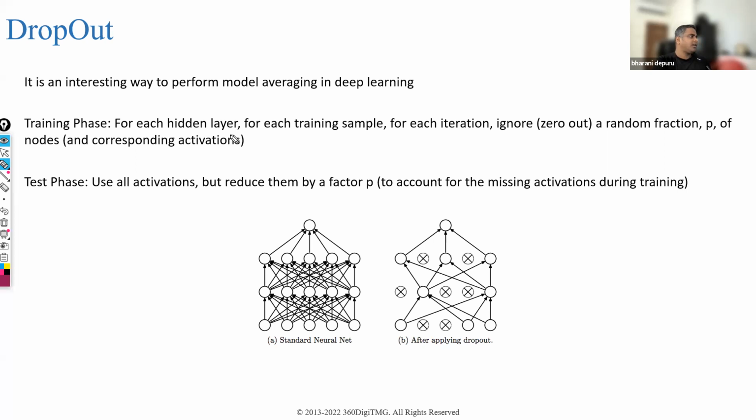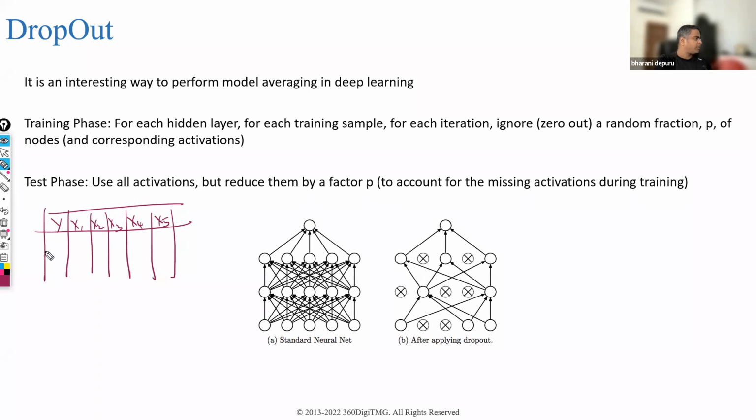For each hidden layer, for each training sample, if your data set is like this, you have 5, right? So you have your output 1, 2, 3, 4, 5, and then you have all the various inputs. You have, say, 10,000 observations. For each hidden layer, you have one hidden layer here, another hidden layer here.